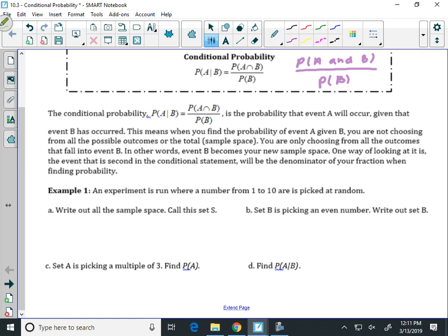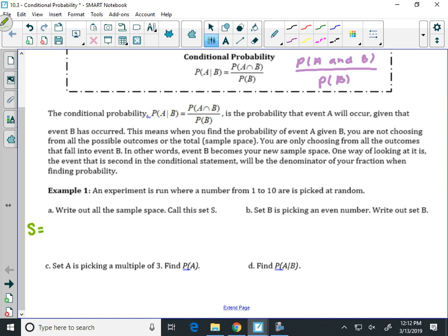So we take a look at an example. Example 1 says an experiment is run where numbers from 1 to 10 are picked at random. We want to write out the sample space, call it set S. Well, we're picking a random number from 1 to 10. What are all the outcomes that could be in our sample space?